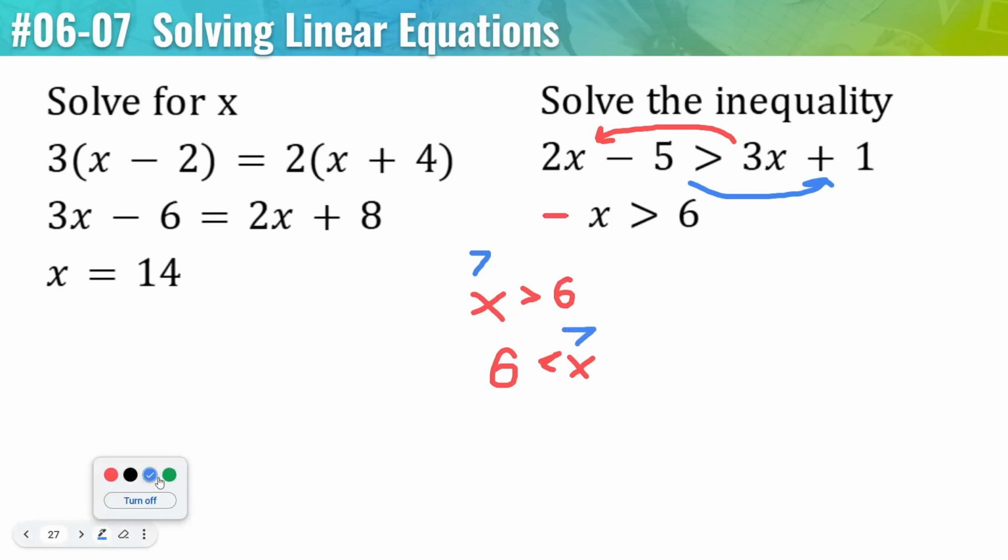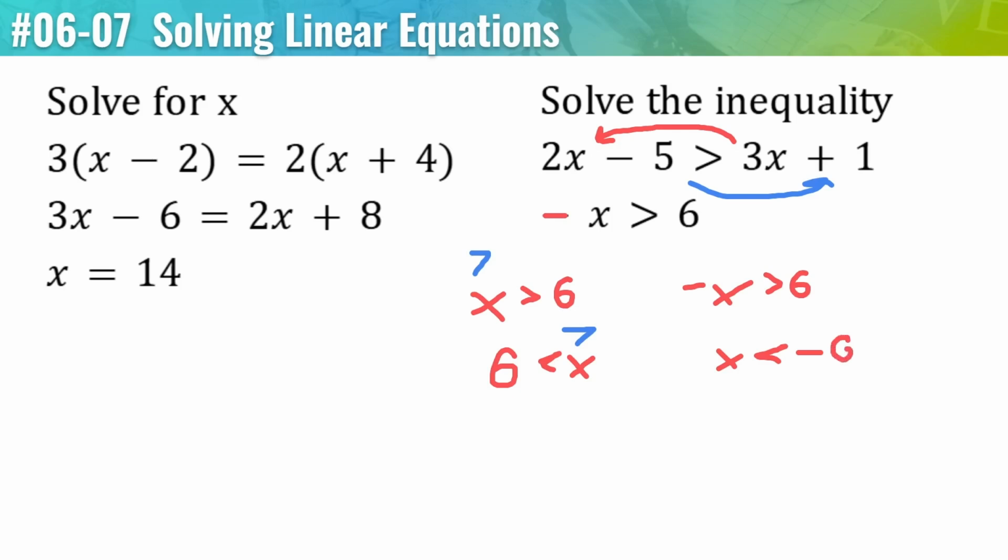Similarly, for negative numbers, for example, negative x is greater than 6. We have to write it as x is less than negative 6. So basically, if there is a negative sign beside x in an inequality, you need to swap the sign whenever you multiply by negative 1.